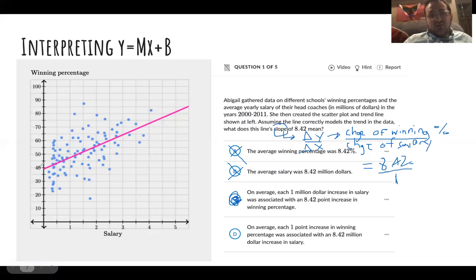We might also see questions like, how do we interpret the y-intercept? The y-intercept would be the predicted amount. So that's actually something important. Predicted. The pink line is not actual, it's predicted.